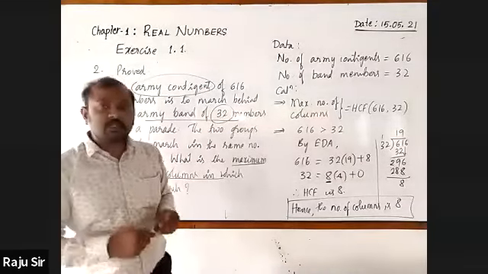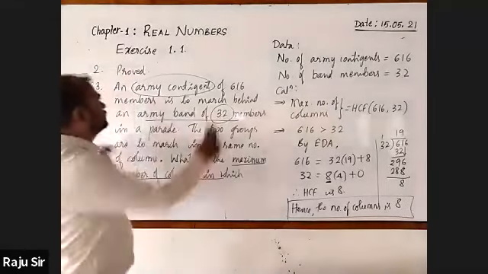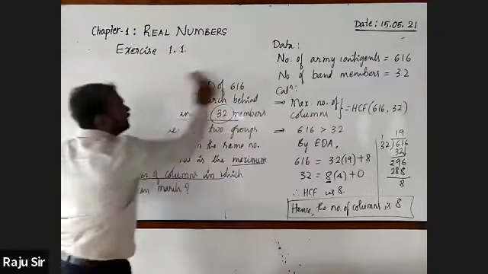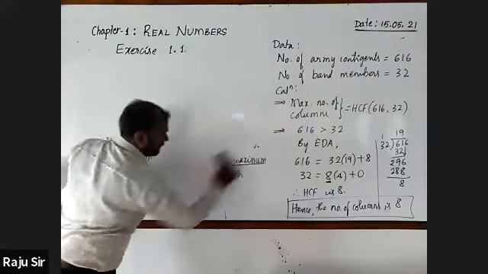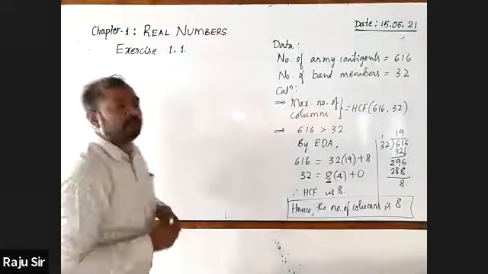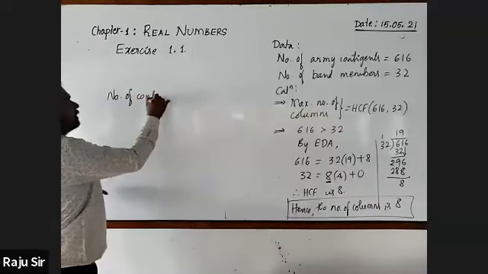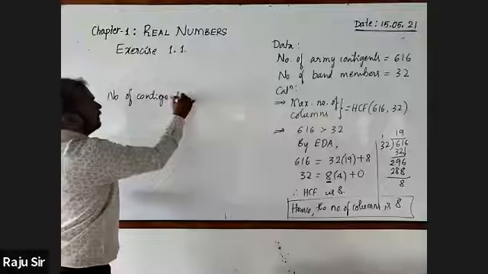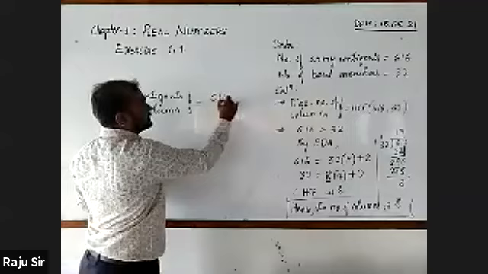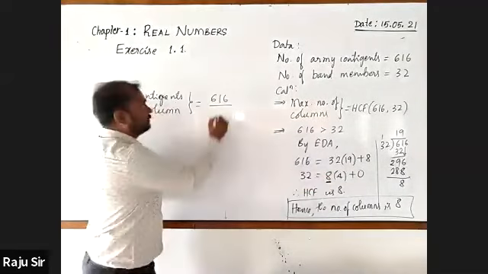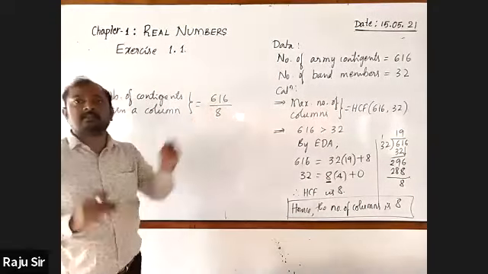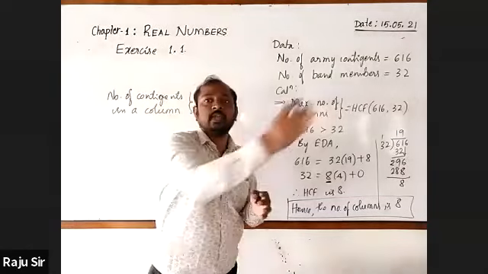How do you find it? Don't write, just discuss. Divide 616 and 32 by 8. 616 should be divided by 8 because all 616 members have been distributed into 8 columns.